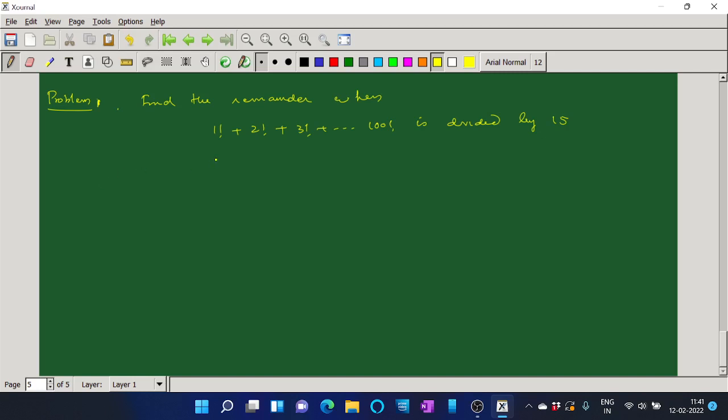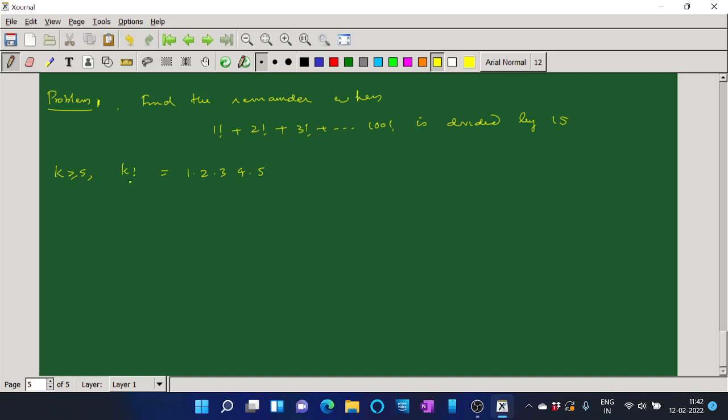By a little observation, we can see that all the terms are of the type k factorial, where k is equal to 1, 2, 3, etc., 100. If k is greater than or equal to 5, suppose it is 5 or 6 or 7, then this k factorial will definitely have factors 1, 2, 3, 4, 5.